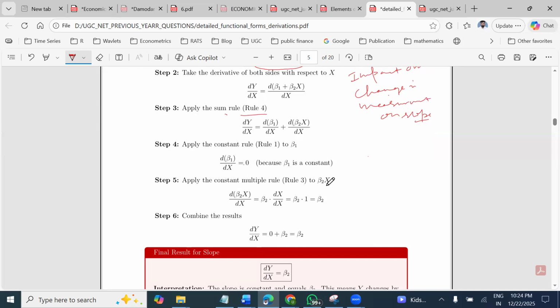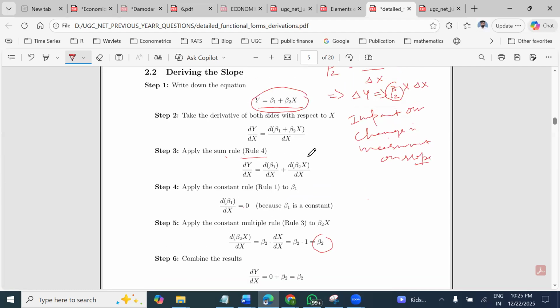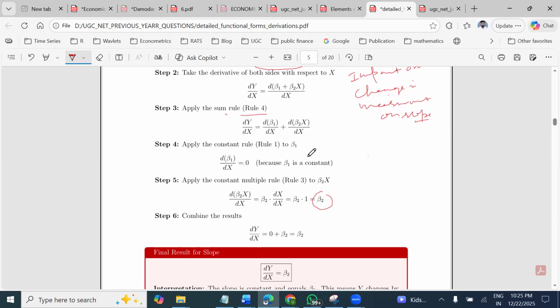But when we are writing, we simply write delta y upon delta x. Now why does it become delta y upon delta x? Why is it beta 2? Are you getting my point, Madhusmita? Yes, sir. Usually in any class we teach that beta 2 means delta y upon delta x.